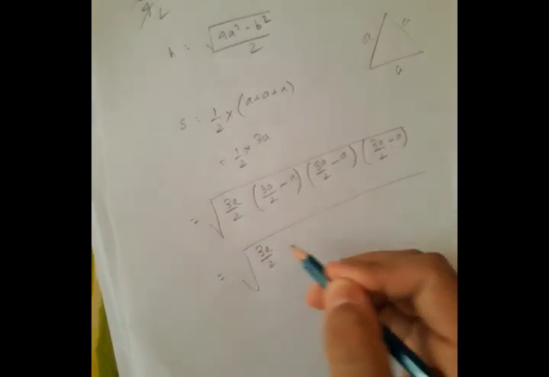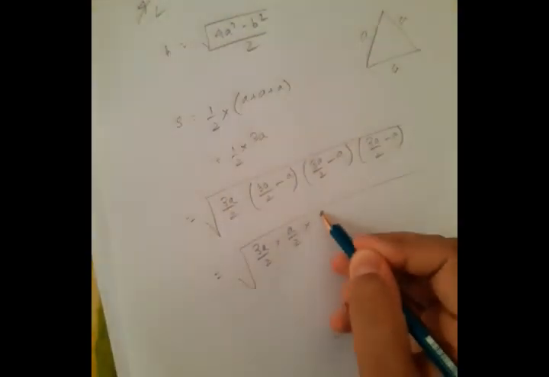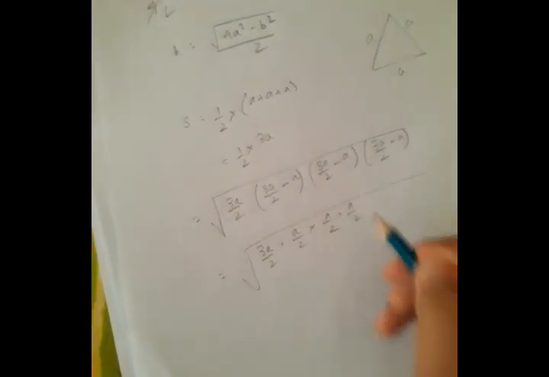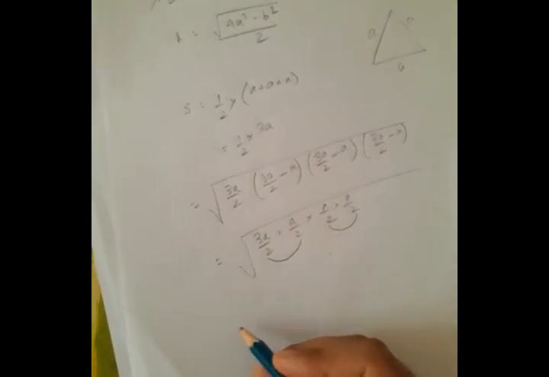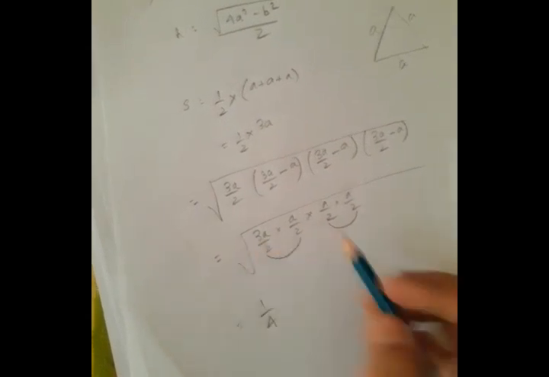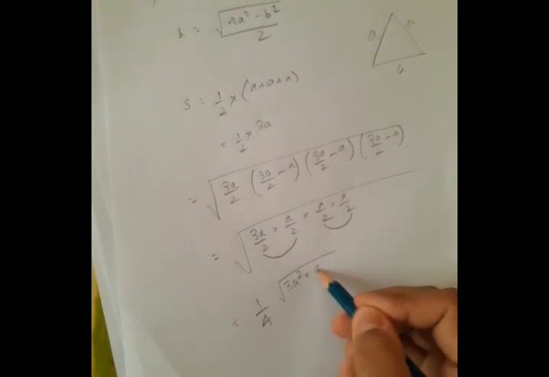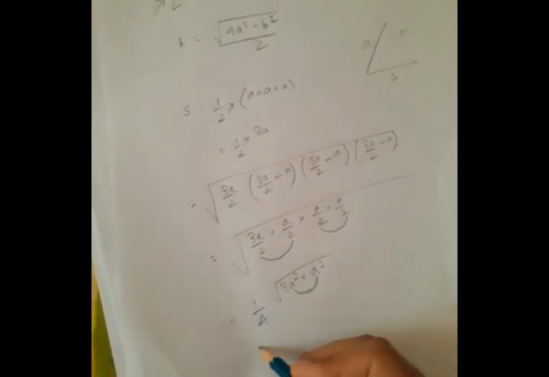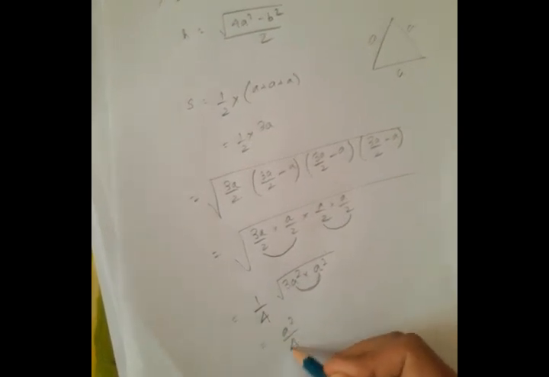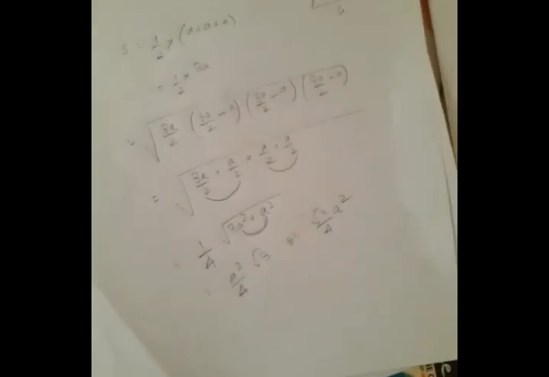It's 3a by 2, and by simplifying we get a by 2, a by 2, a by 2. This is a pair, this is a pair, so we could write 4, and it will become root 3 a square into a square, and this a square becomes a pair and gets out, giving a square by 4 root 3, or root 3 by 4 a square. Here's the formula deduced.